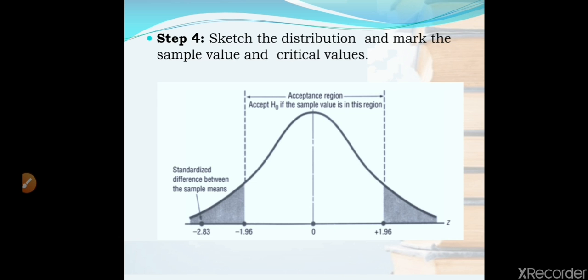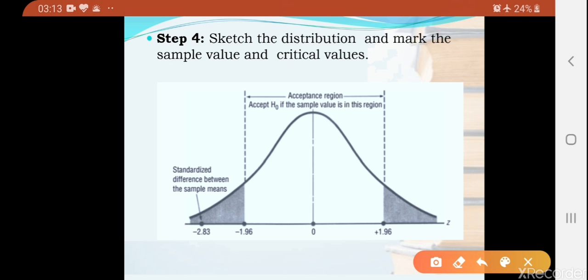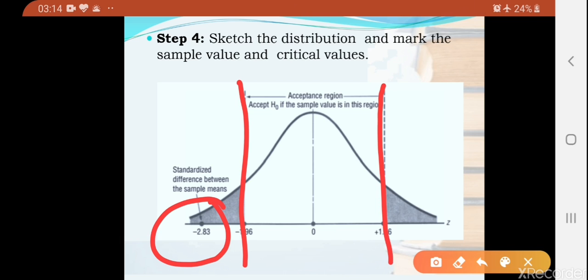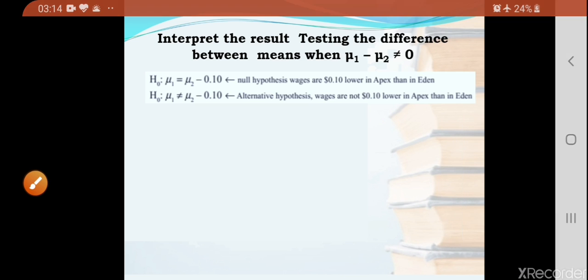So Z comes out to be minus 2.83. If you look at your curve, the acceptance region is plus or minus 1.96, but our value is minus 2.83, so it is in the rejection region.